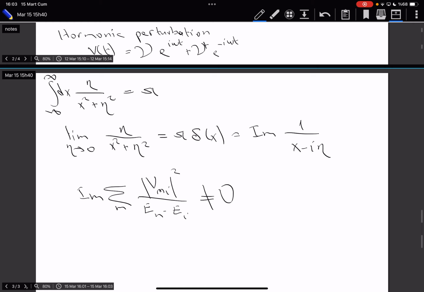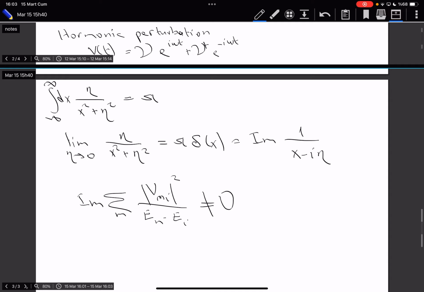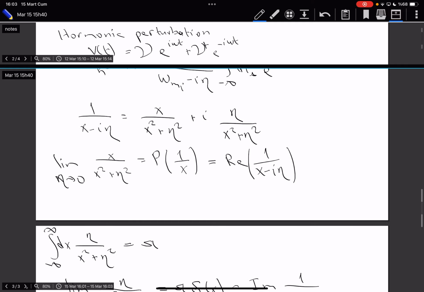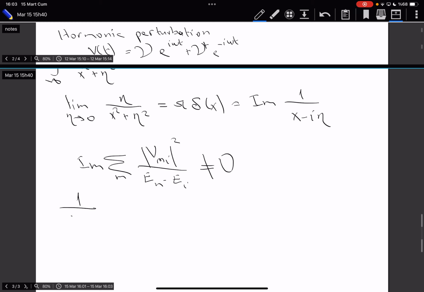Still, the sum has a non-zero imaginary part, basically because of this relation over here. You see, on the left, if you just straight away put eta equal to 0, it's just 1 over x. It's real for real x. So it seems that there is no imaginary part, but because of the minus i eta terms and the limits that we define, there is an imaginary contribution.